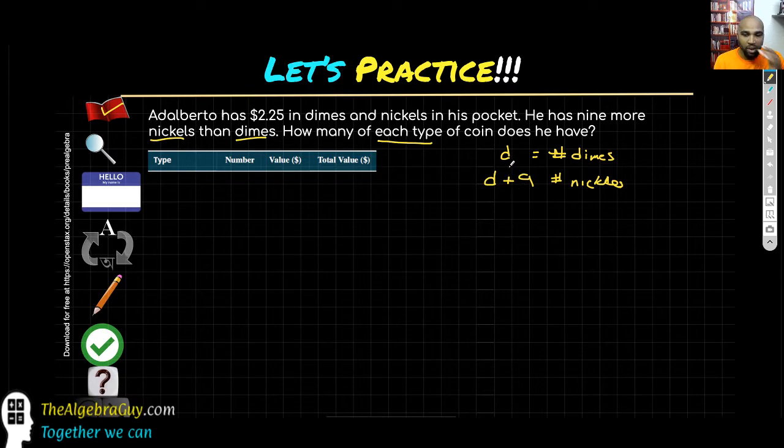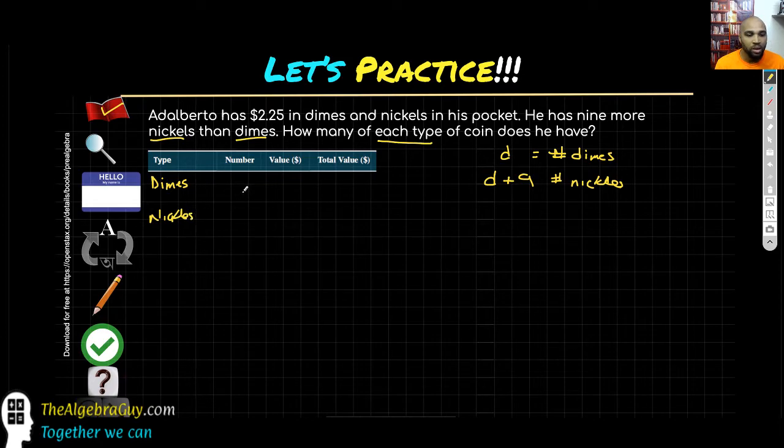So that makes sense, right? Because we got the number of dimes, and then the nickels is the number of dimes plus 9 more. So we can just use these two. We don't have to create a new variable. So what are we dealing with? We're dealing with dimes, and we're dealing with nickels.